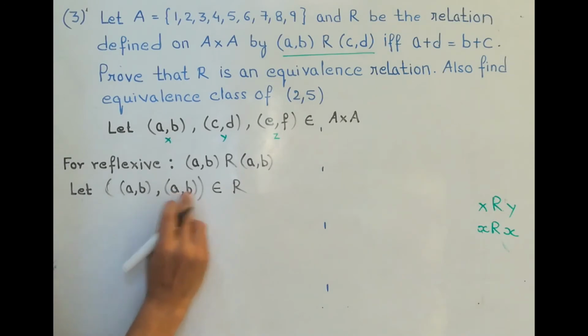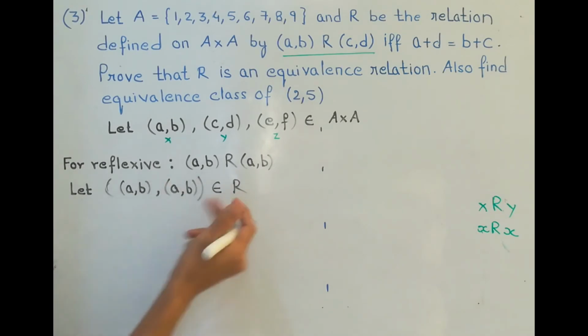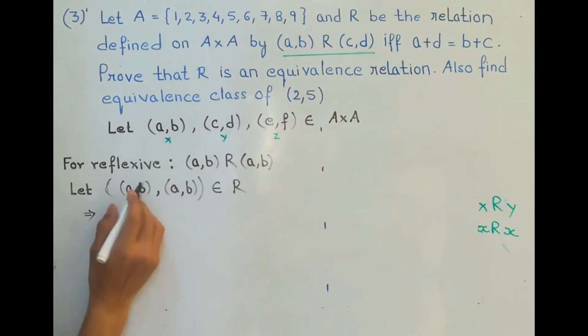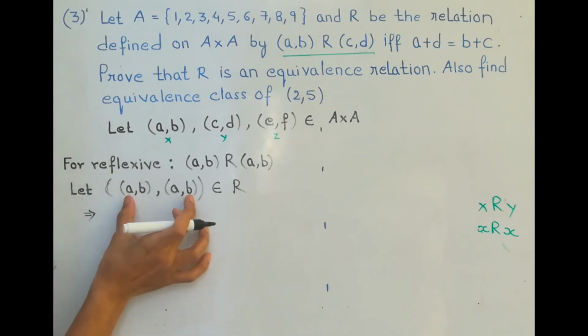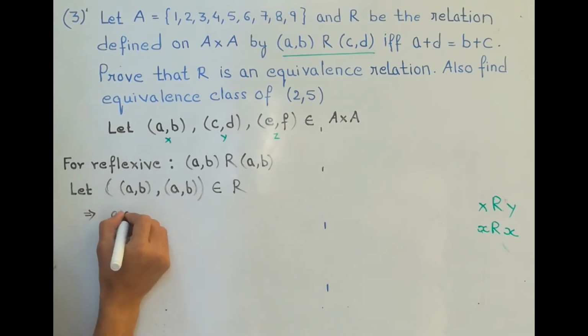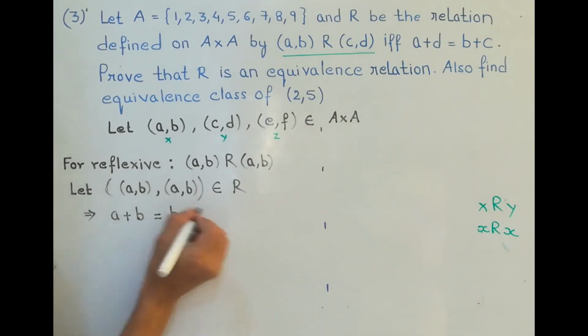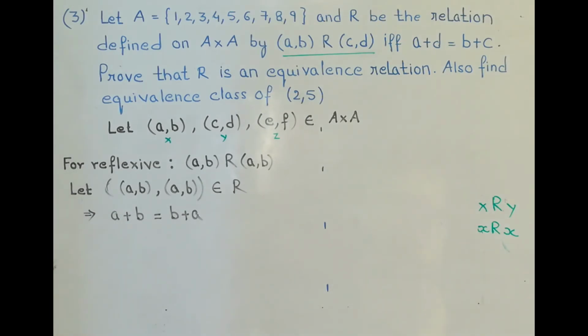Let x comma x belong to the relation. According to the relation, we have a plus d is equal to b plus c. Now is this relation true?